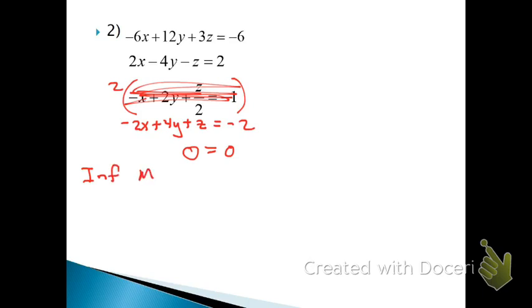All points on the line. Or infinitely many solutions. No. On the line. It's not wrong if you say line, but it's a little bit more detailed than that. All infinitely many solutions on the plane.